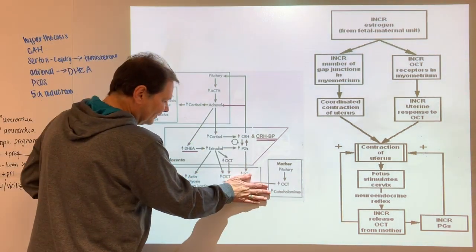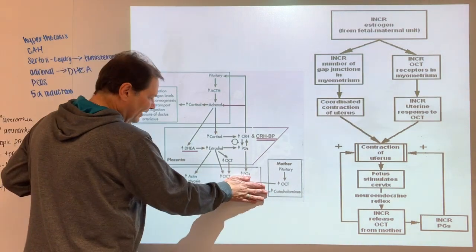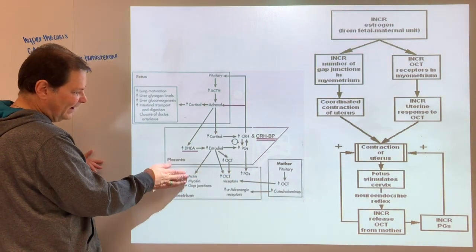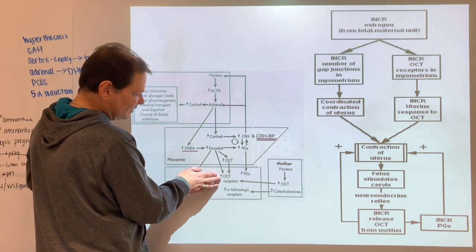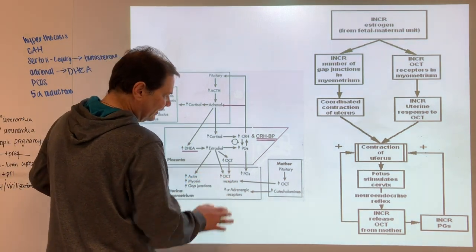And here's what's happening on the maternal side during that time in response to the estradiol. Your myometrium is developing, you're increasing your gap junctions, you're increasing your oxytocin receptors.